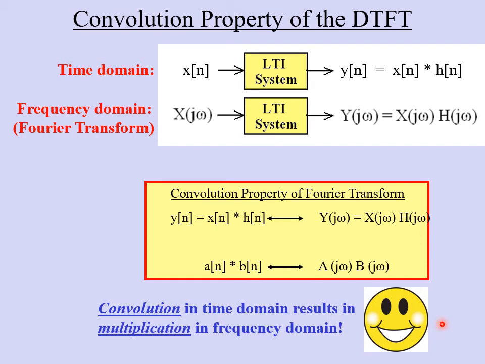And again, this is of course a very, very welcome result, because you remember from chapter 2, especially the homework, how tedious and complicated convolutions can be. So now we have a very nifty way to circumvent the need to do convolutions. We can just go to the frequency domain and avoid convolutions altogether.